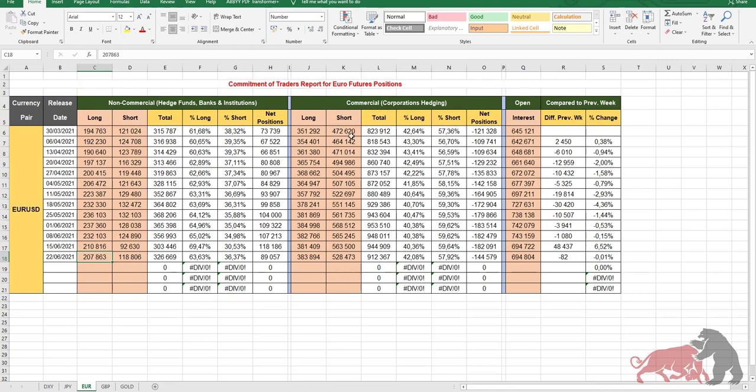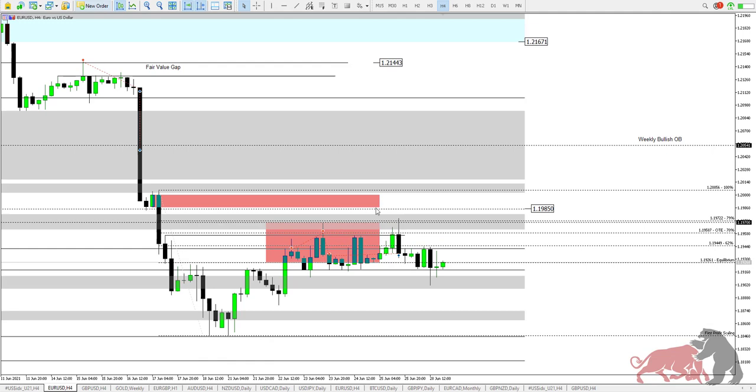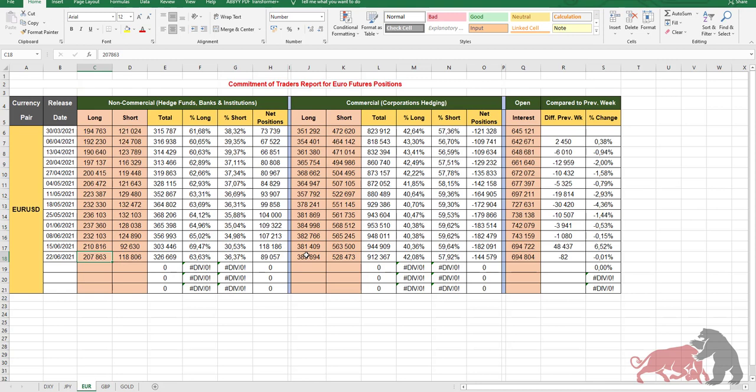Then the commercials have added just about 2,000 long positions, and they've taken huge profit on their shorts. Open interest is sitting right around 694,804. It didn't change much, just 82 points. So expect euro to continue trading to the downside by the mere looking of these numbers.